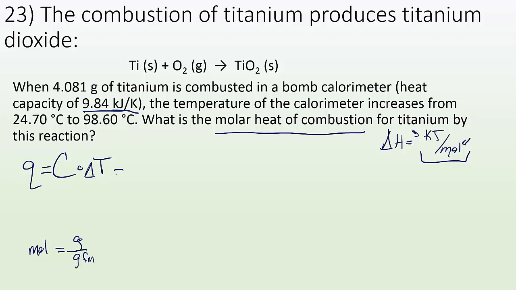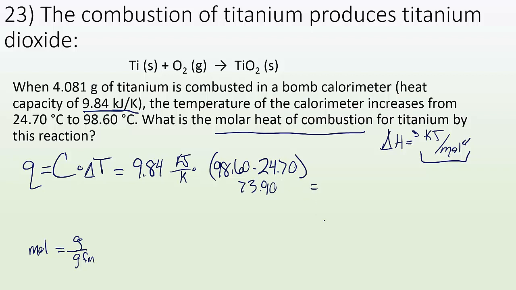All right, so Q equals C, which is 9.84 kilojoules per Kelvin, times the delta T, which would be 98.60 minus 24.70. And when I do that math, the delta T is really 73.90, so I multiply that together and I get 7.176 kilojoules.